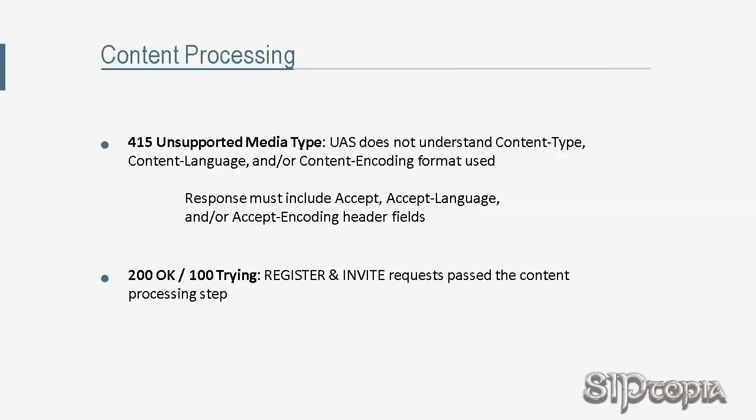If one or more of the used formats are not understood, the UAS could respond with a 415 Unsupported Media Type response, which must include Accept, Accept-Language, and/or Accept-Encoding header fields based on the specific format that was not understood, in order to let the UAC know what caused the rejection and what formats are supported instead.